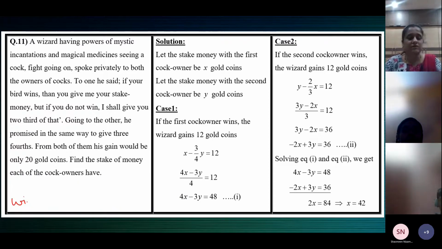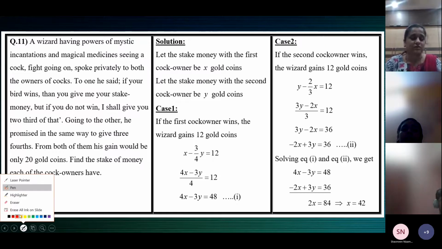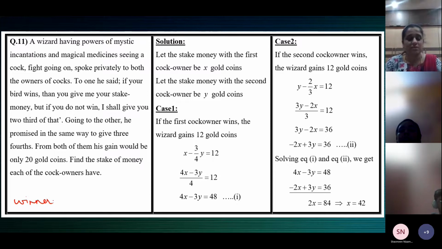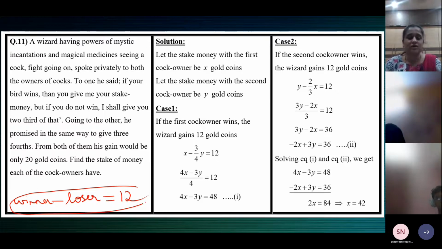So the money which the wizard receives from the winner minus the money which the wizard has to pay the loser is equal to his net gain. He still gains 12 gold coins, so it is equal to 12. This is how we are going to construct the equation: what he receives from the winner minus what he pays the loser is equal to 12.